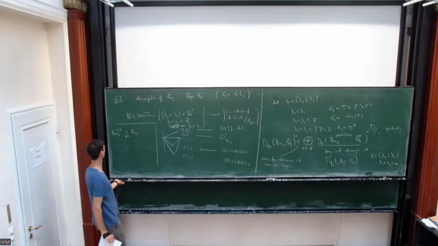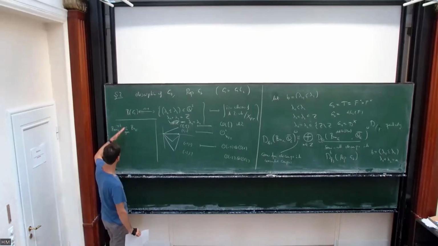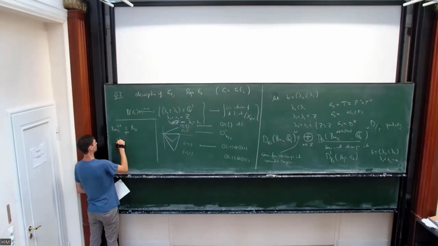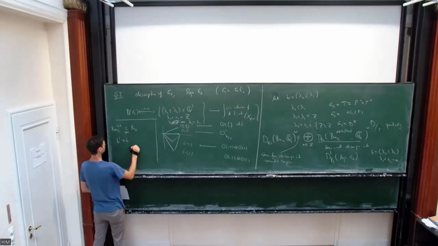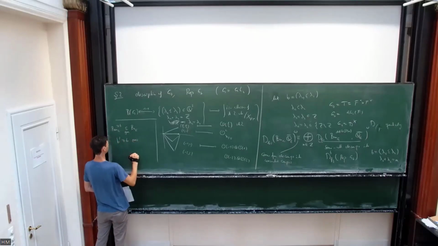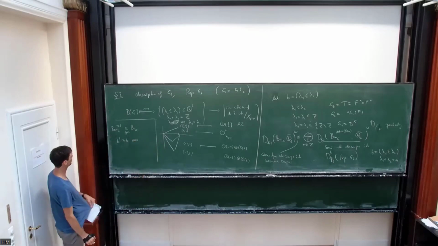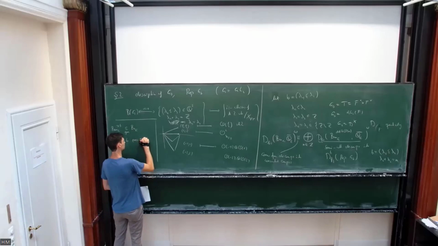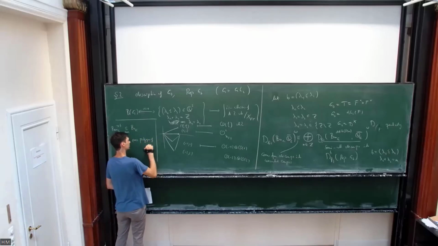And this means that B prime is larger or equal to B if the polygon for B prime lies above that of B. Is that right? Yes.